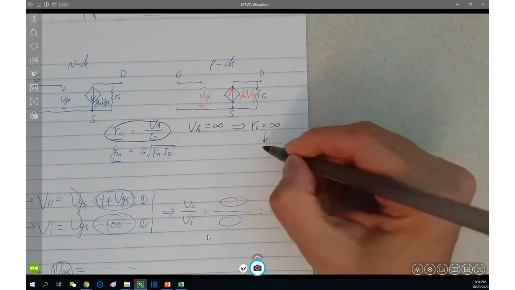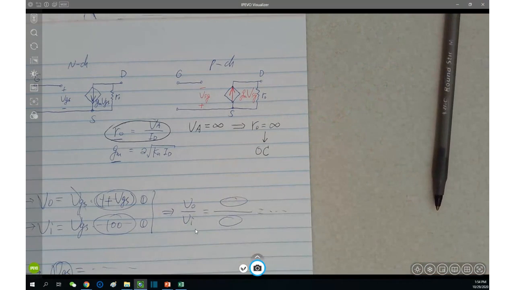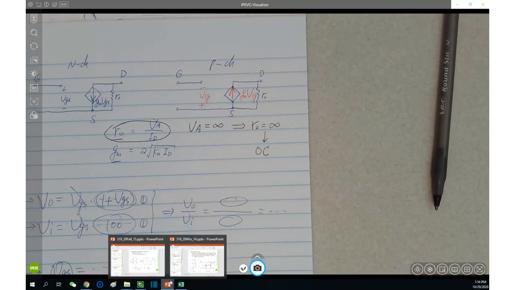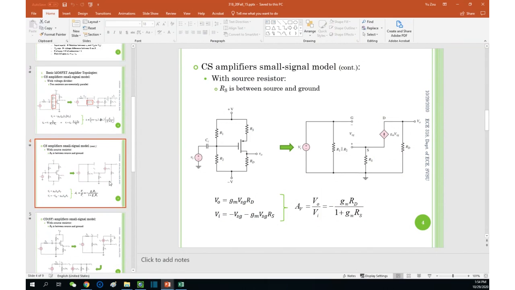Open circuit, very good. Therefore, in that scenario, R0 is an open circuit, which means gone. Yes, it is assuming VA is infinity.